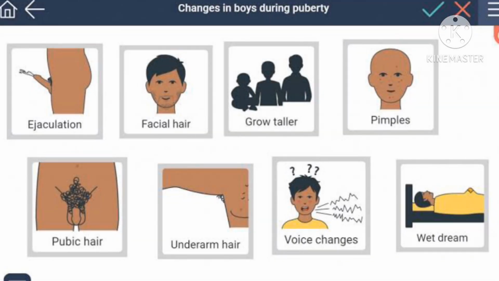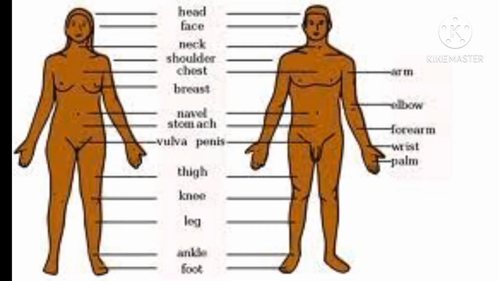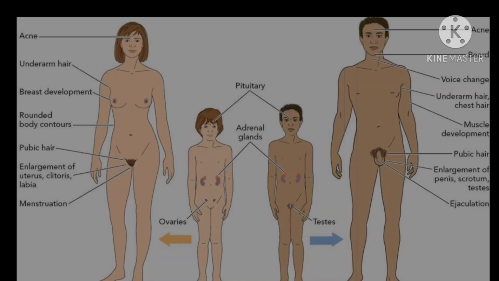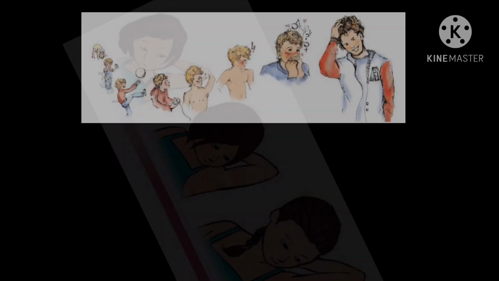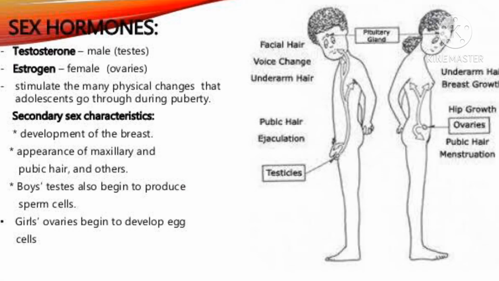Secondary sex characteristics are changes not directly related to sexual reproduction. Some of the most significant parts of puberty development involve distinctive physiological changes in a person's height, weight, body composition, and circulatory and respiratory system, which are largely influenced by hormonal activity.